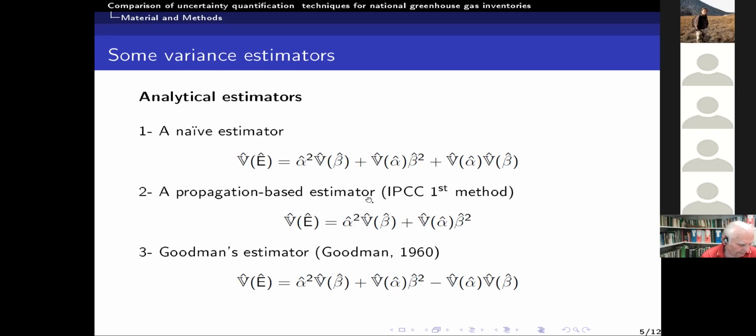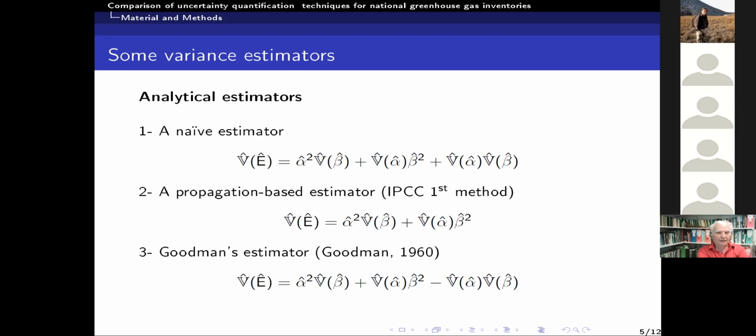If you look at the first IPCC method, the propagation-based estimator, you find out that again it overestimates the true variance, and the bias is slightly lower. It's actually only the product and not twice this product. And when you look at Goodman's estimator, actually it's unbiased. Okay. So that's one way to do it.